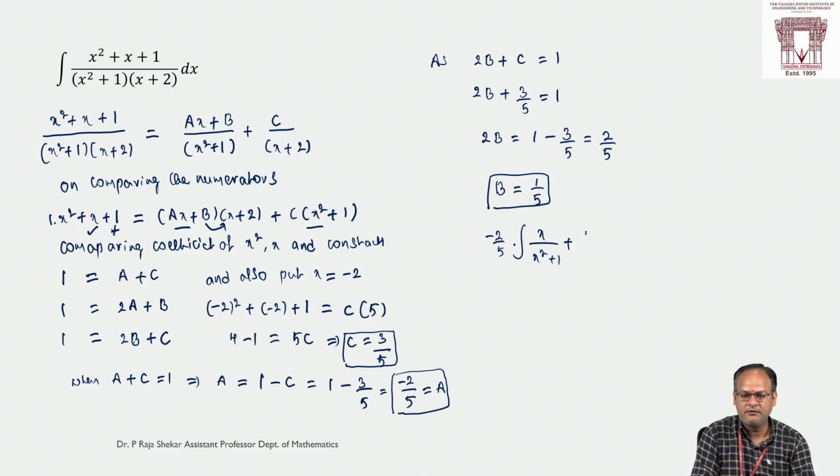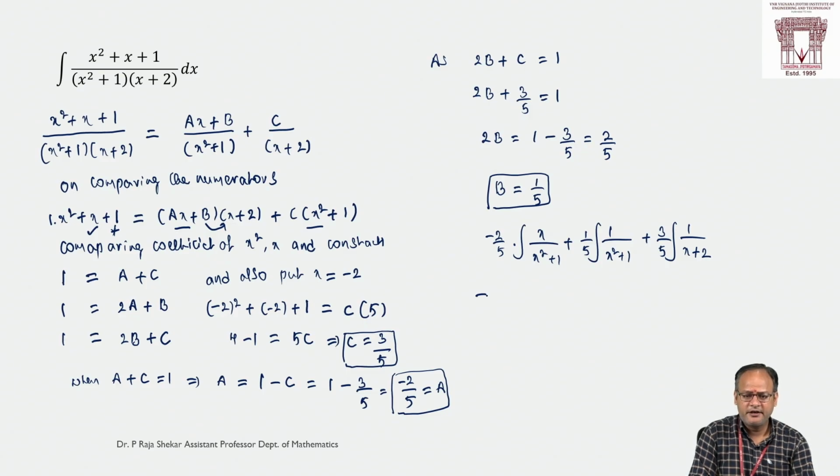B is 1 by 5. So 1 by 5 into integration of 1 by x square plus 1, plus C. C is 3 by 5. 3 by 5 into integration of 1 by x plus 2. So we just substituted the values of A, B, C and separated the terms.